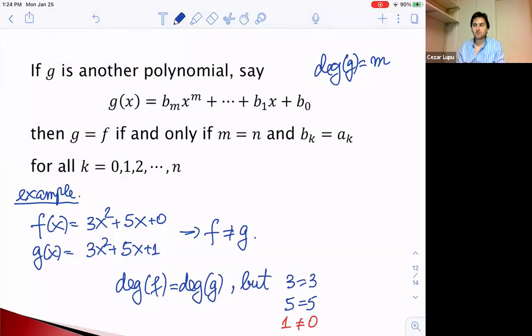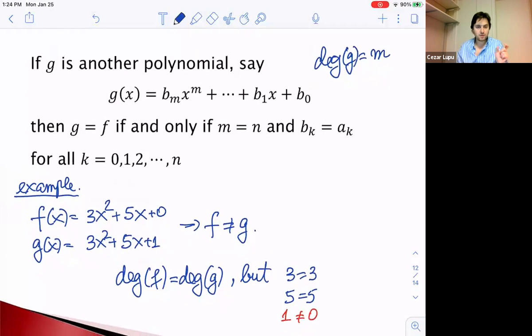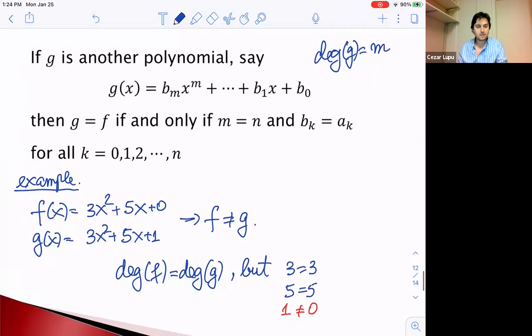So that's what it means for two polynomials to be equal. Their corresponding coefficients degree-wise are the same, but first their degree must be the same. As you can see in this example, the degree is the same and the coefficients are almost the same.